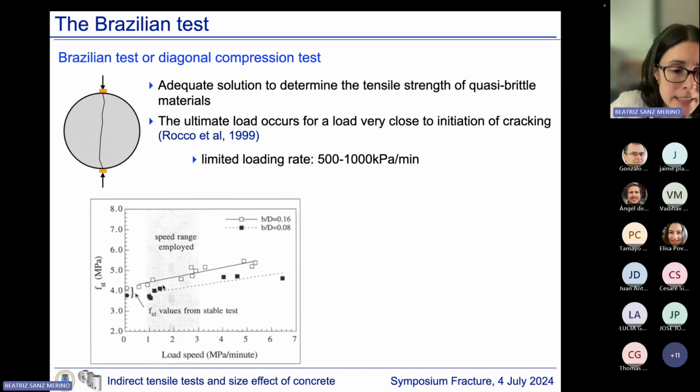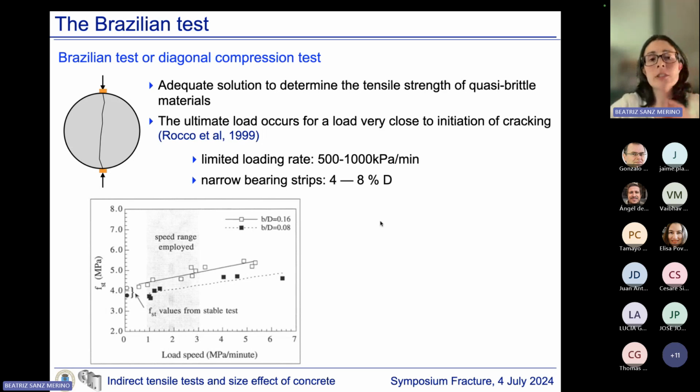As we can see in this figure, the tensile strength inferred from the experiment approaches the actual value obtained in a stable test, just below this load speed.